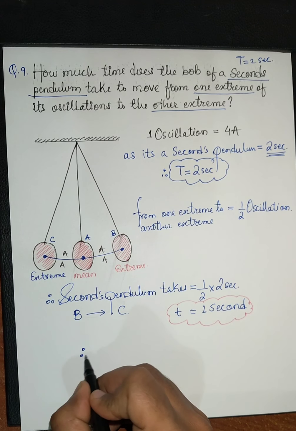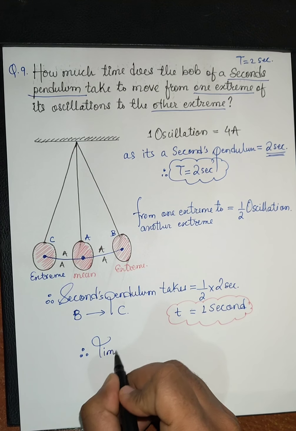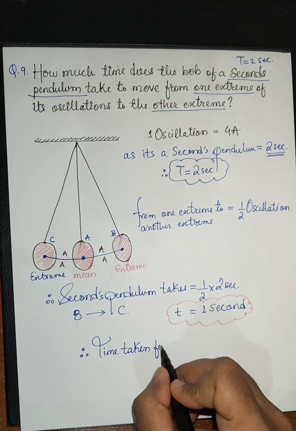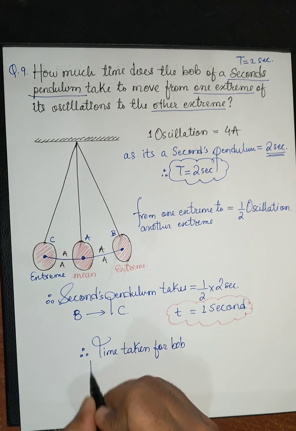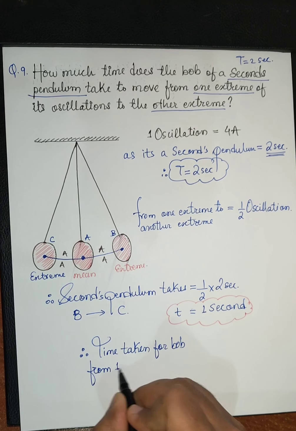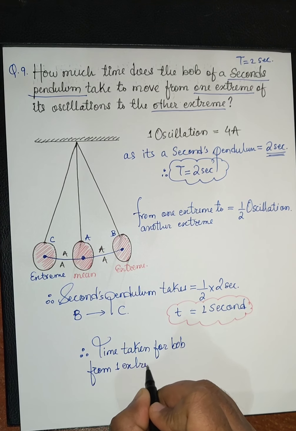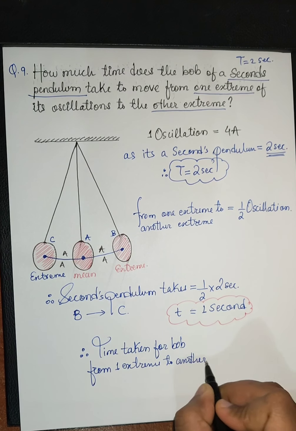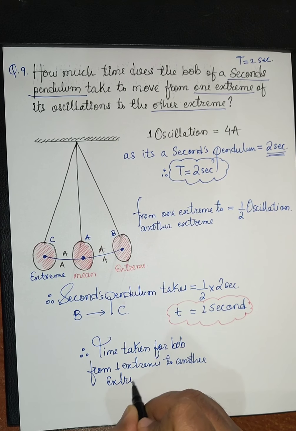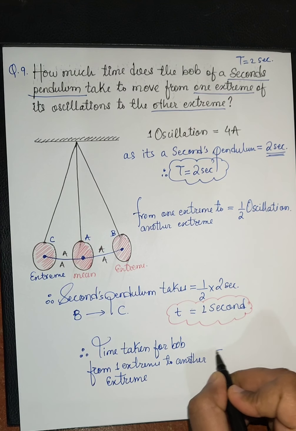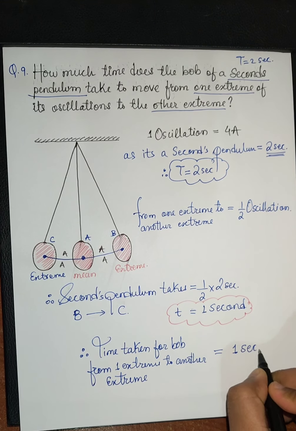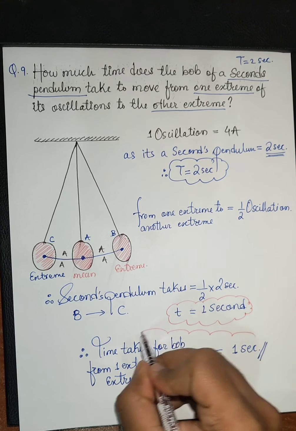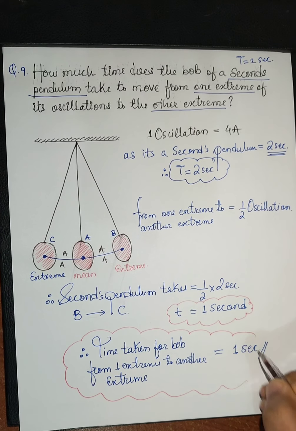Therefore, the time taken for the bob from one extreme to another extreme is equal to 1 second. This will be our final answer.